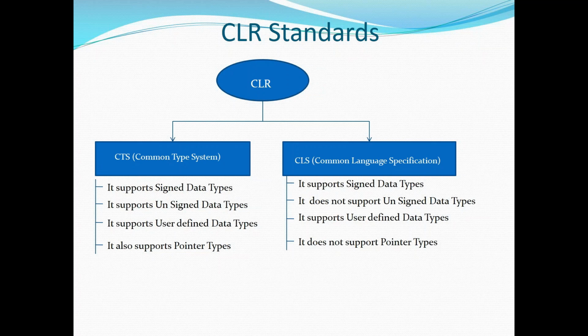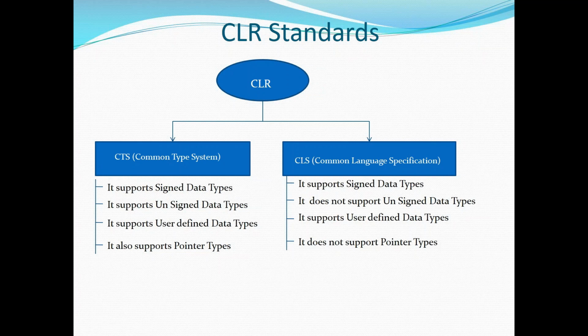See, as I said, as of now we have only 4 programming languages provided in .NET. Those are C#, VB.NET, VC++, and F#. But in the future, around 300 languages are going to be integrated with your .NET framework. In order to integrate any language with the .NET framework, it should support a minimum of CLS standards.